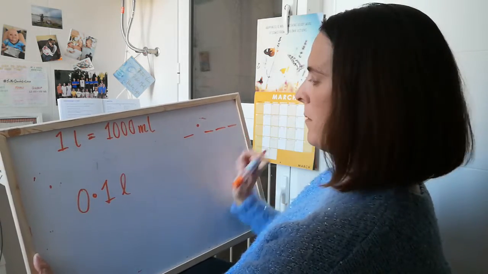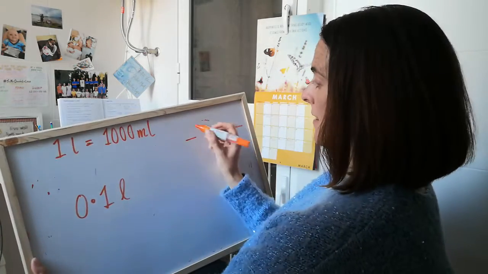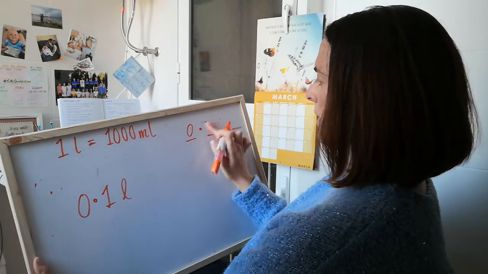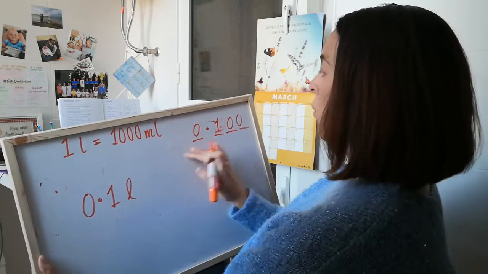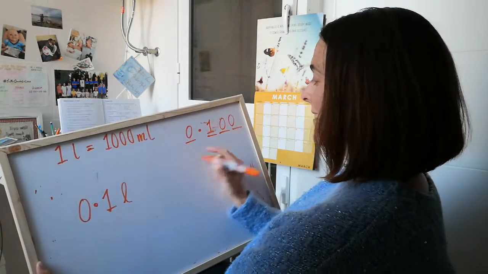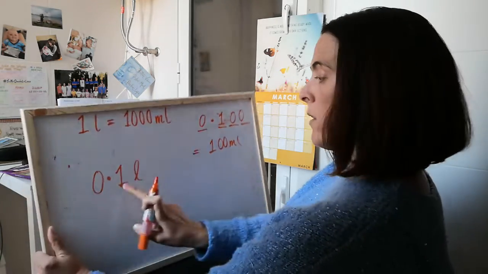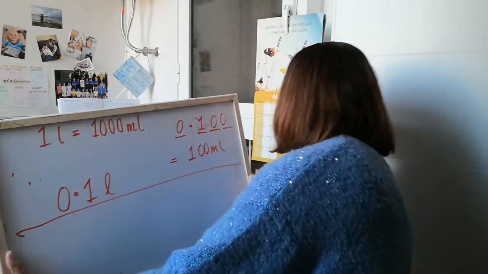So this is the same as 0.1 and then it would be 0, 0. Once we have this, then it's very easy because that's equal to 100 millilitres. So 0.1 litres is equal to 100 millilitres.